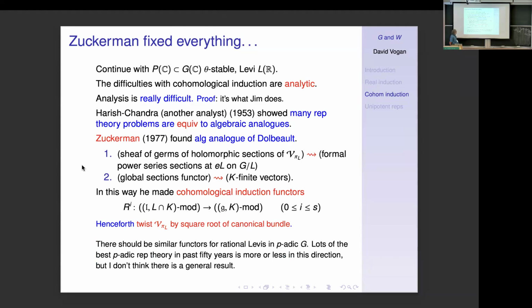So these functors, there should be things like that for any rational Levi in a p-adic G. And I don't think there's any general result of that nature. There's a lot of cases where things are known, but I think it's a really important question.